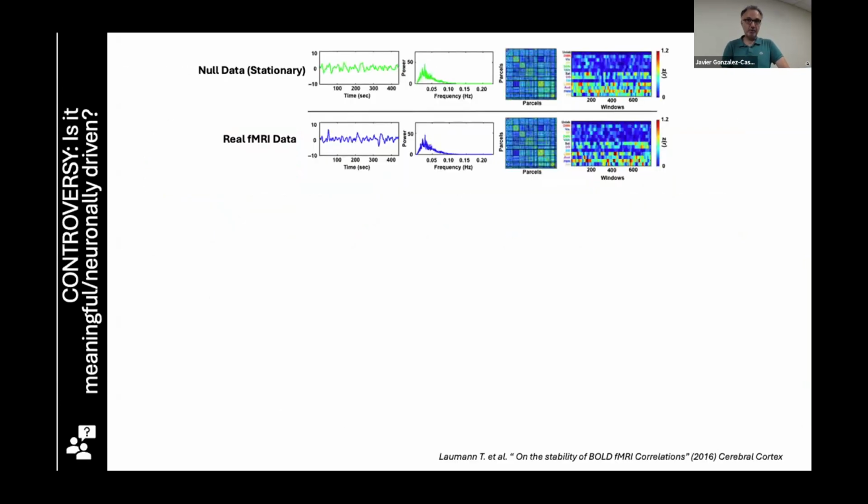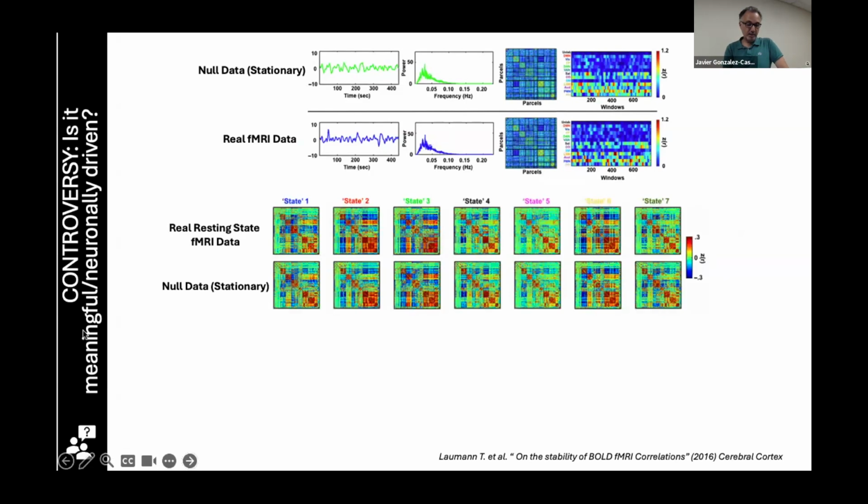That said, there are a lot of detractors of this type of analysis. And there are studies that have shown that if you create surrogate data that has some of the properties of fMRI data, but is stationary by definition, you can still get states that look like the ones you get from resting state.